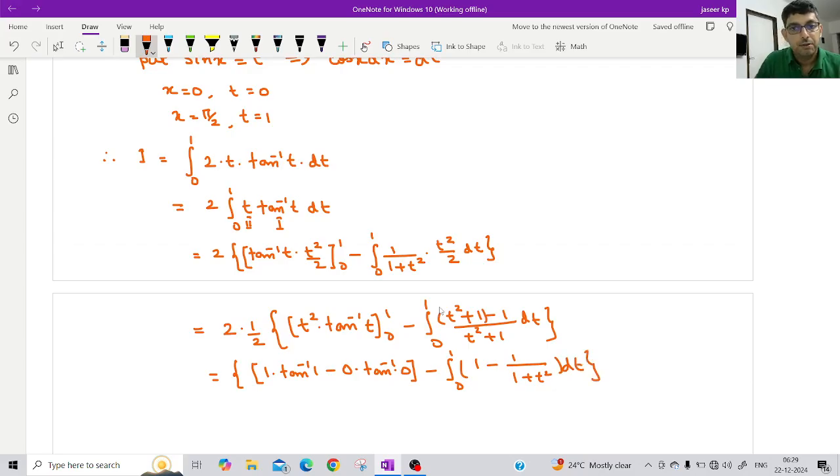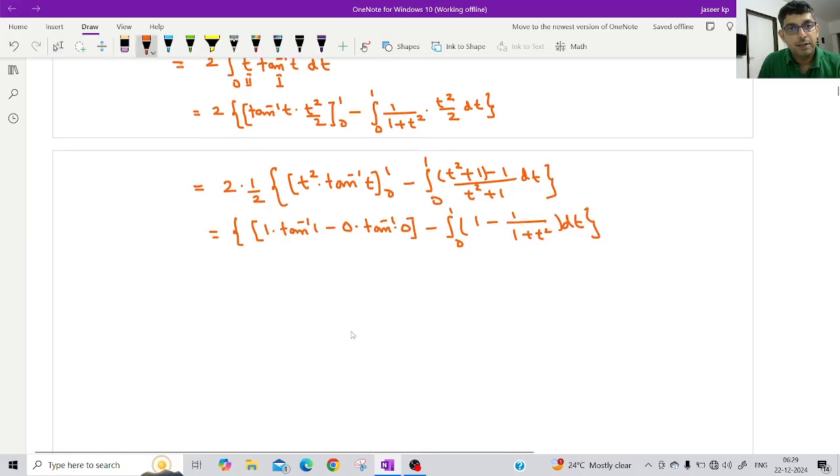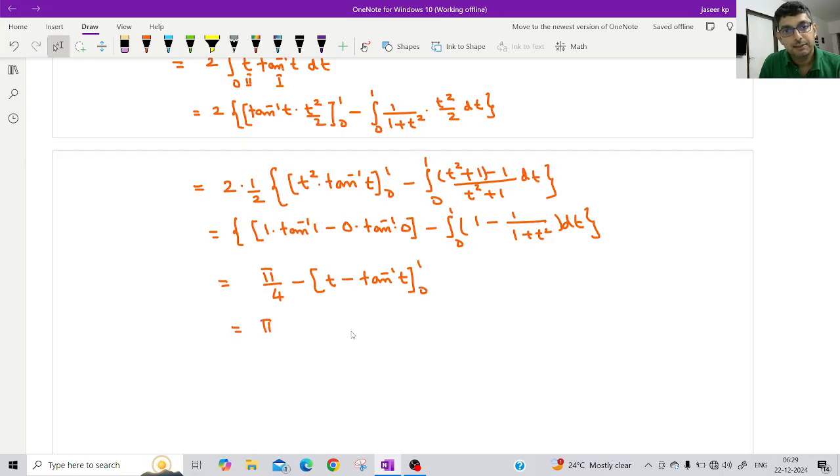So now tan inverse of 1 is pi by 4. So pi by 4, the second term will completely become 0. If you integrate 1, it will become t, and 1 by 1 plus t square is tan inverse of t. Again limit is 0 to 1. So we'll apply the limits for this also.